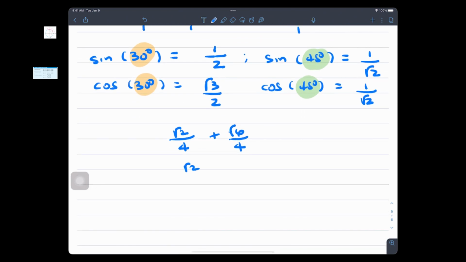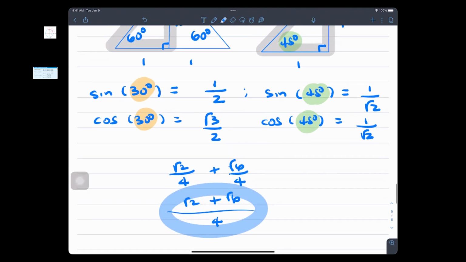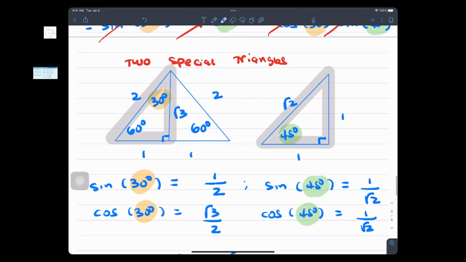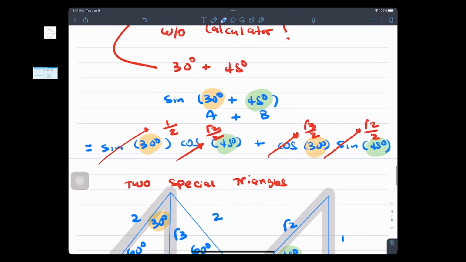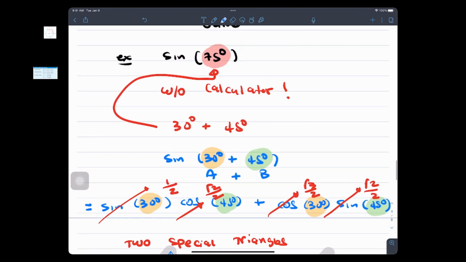And some books will have you factor out the 4. So, ladies and gentlemen, there you go. Final answer: square root of 2 plus square root of 6, everything over 4. Now, that's what you got using the sum formula here.